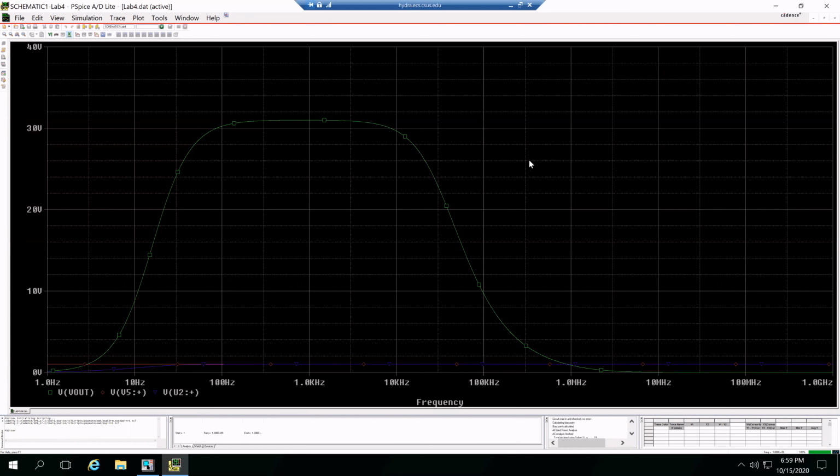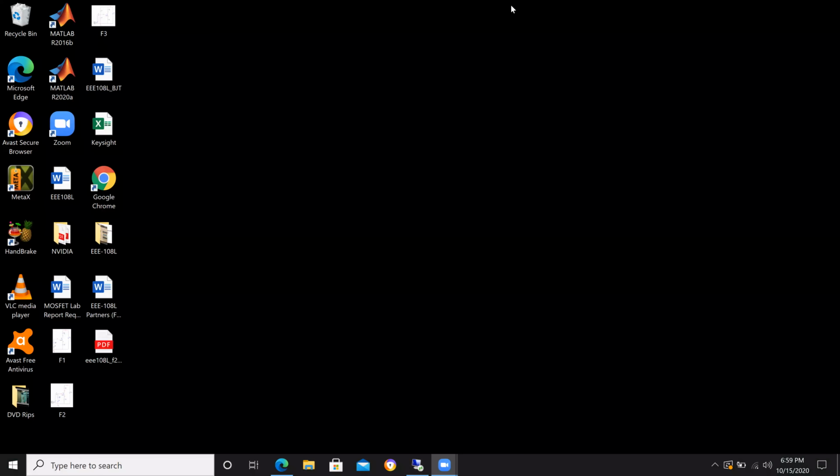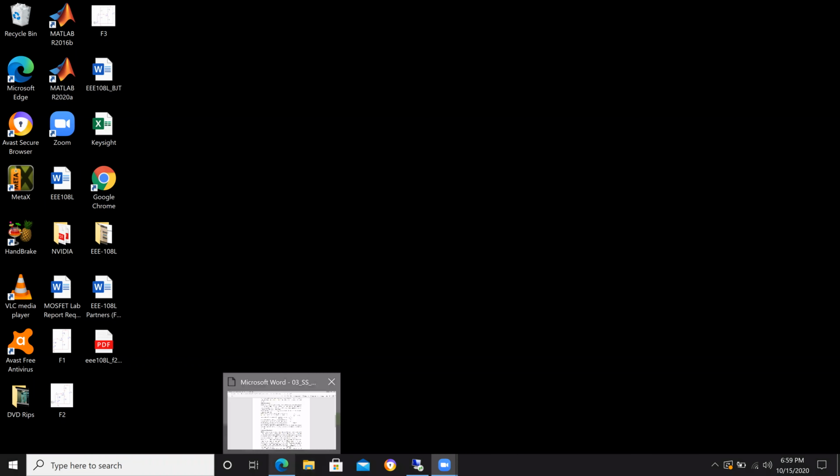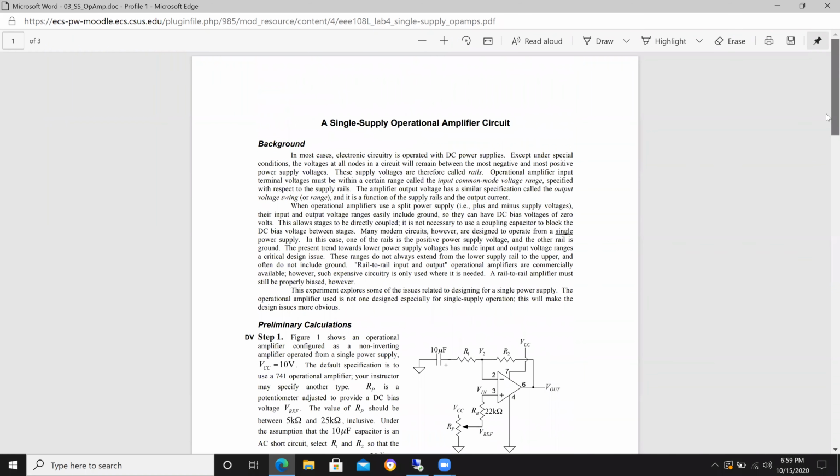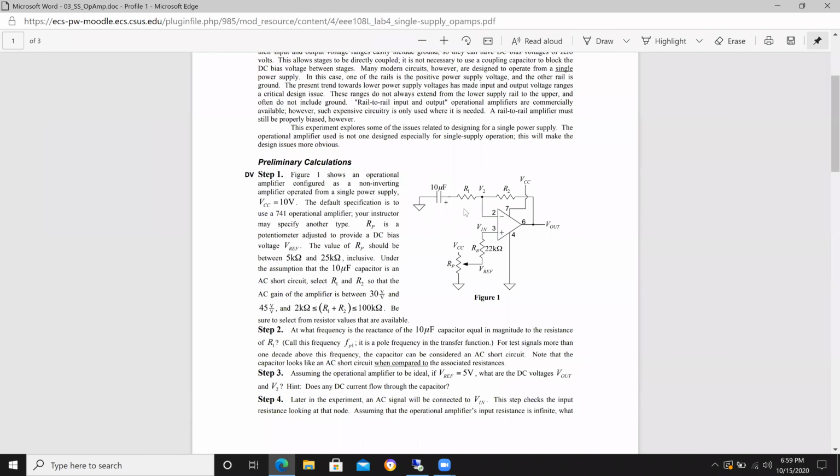So you have 2 pole frequencies to calculate, going back to your schematic. I'm going to pull that up right now. Let's go back to the lab page right here. So you have the pole frequency for your feedback network, which is your 1 over 2 pi FC equals R1.